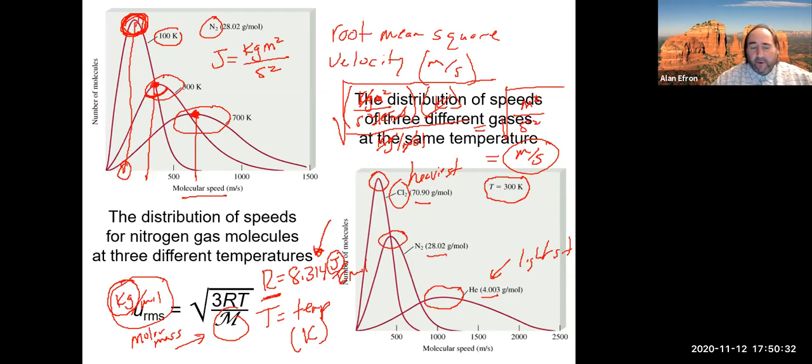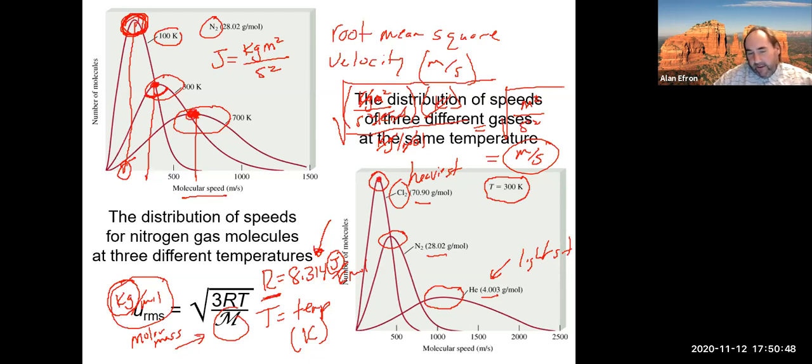That's because you have a lot more gas molecules moving around, so you're going to have a wider variety of speeds at that temperature. The molecules are going to be at different speeds as they move around, but the top speed is at the peak in all of these.